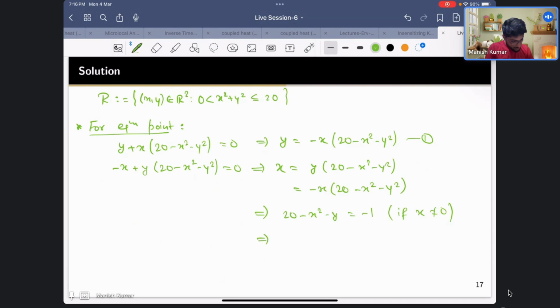So this means x square plus y square, just a second, so this would be 21, is it? Everything fine. y is minus x. If this is the case, then we don't need to worry about it.